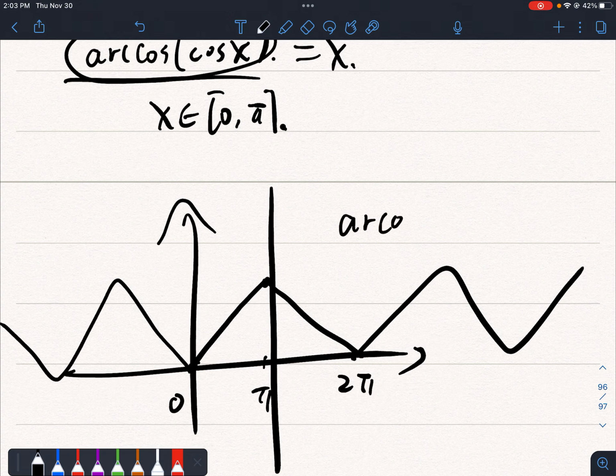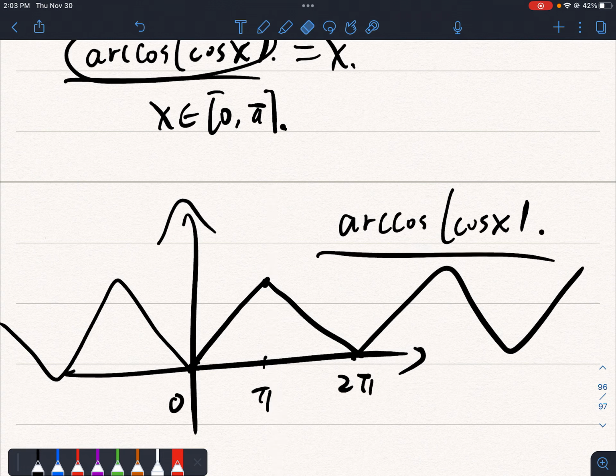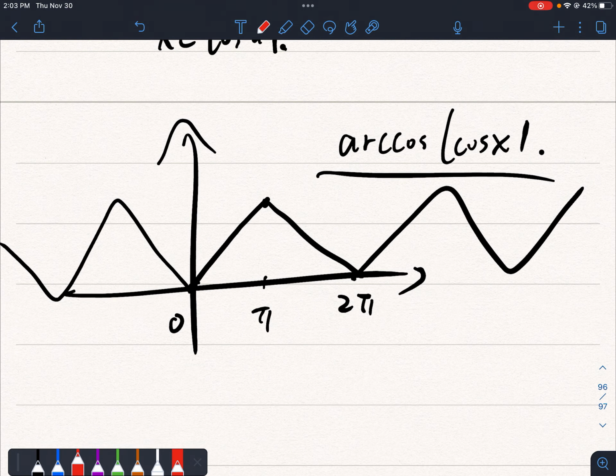And then this function, arc cos of cos x, is periodic of period 2 pi, which means we can just find the entire function, okay? So you can just play with the symmetry and the periodicity, and then you can get the graph.